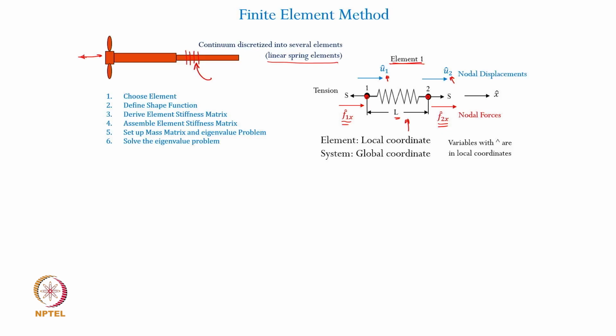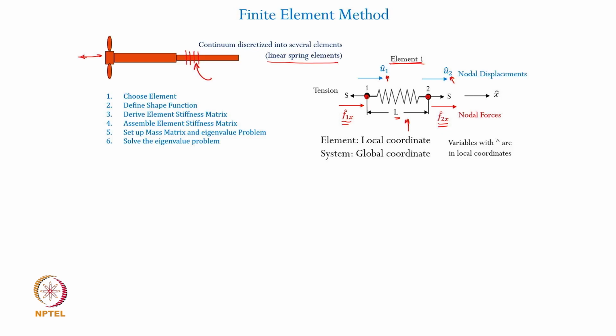Once we define the element completely, we are going to assemble these elements so that finally it forms the entire vibratory system. It is quite similar, as you would recall, to how we characterized each segment in a transfer matrix method and then looked at how the state variables of individual segments are interconnected, and then we formed a global vibratory system.